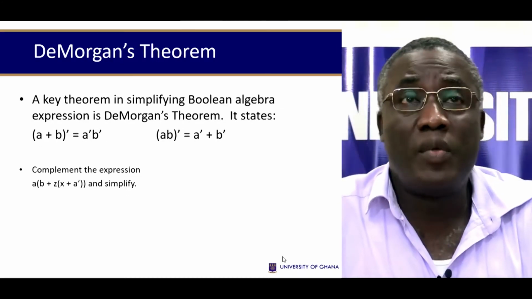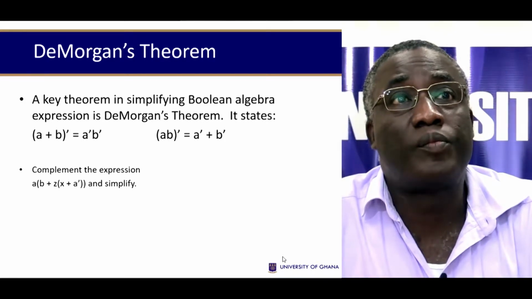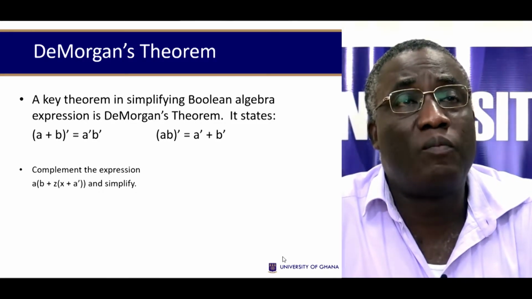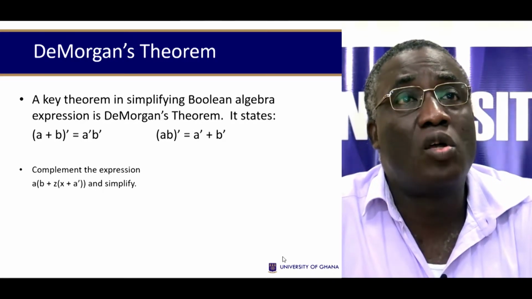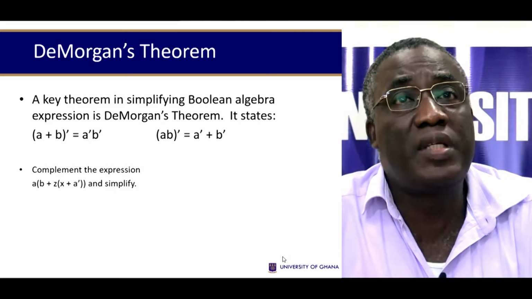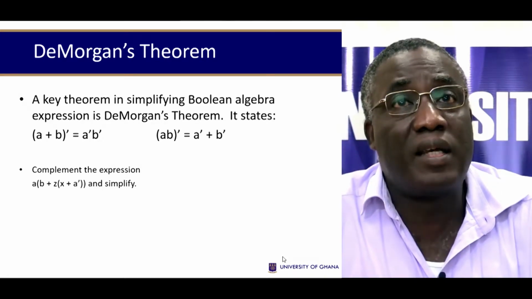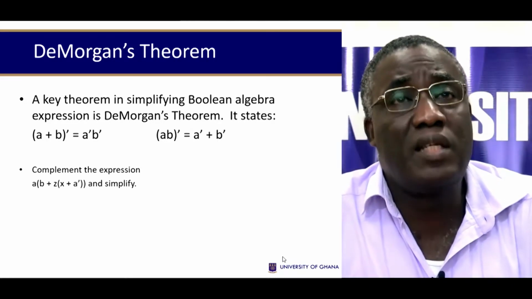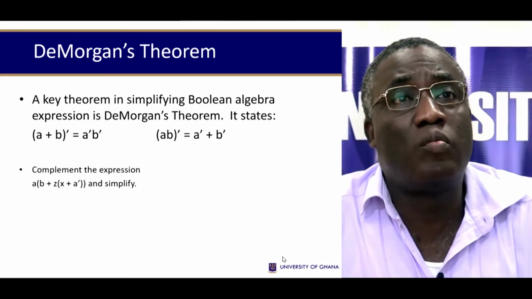De Morgan's theorem is quite useful when you try to simplify Boolean algebra. What it states is that if you have A plus B into brackets negated, then that's the same as not A and not B. And if you also have AB all negated, then that's the same as not A plus not B. So using De Morgan's theorem, you can attempt to simplify the expression that is shown below.